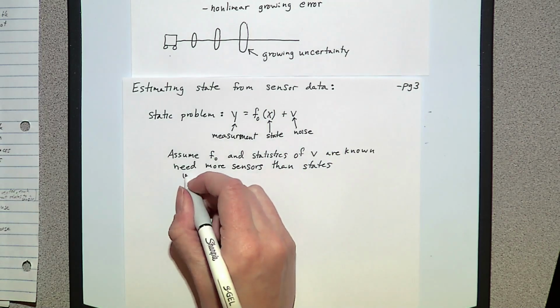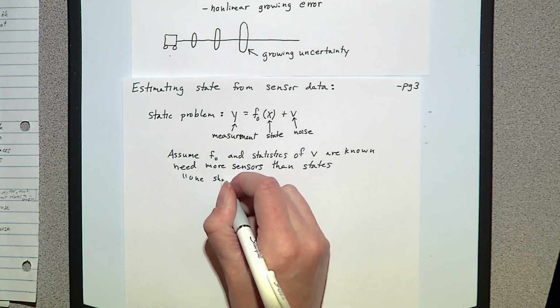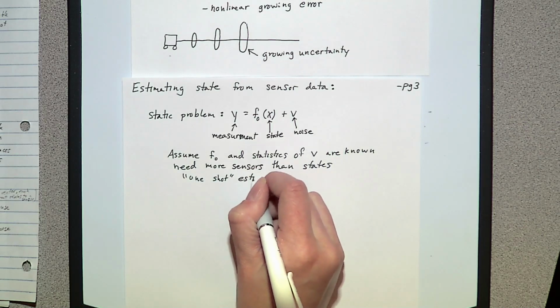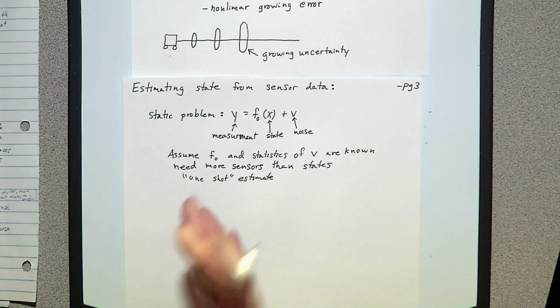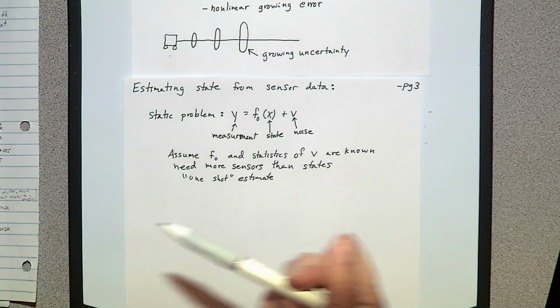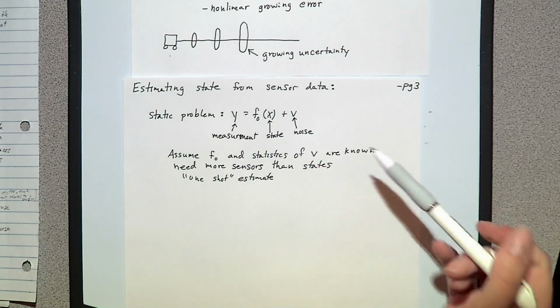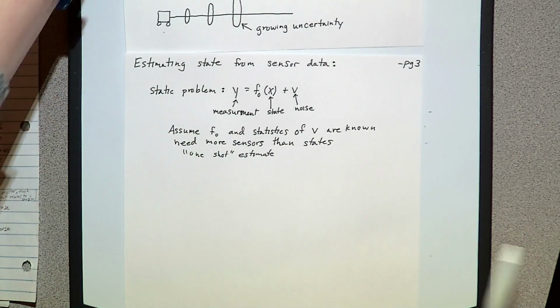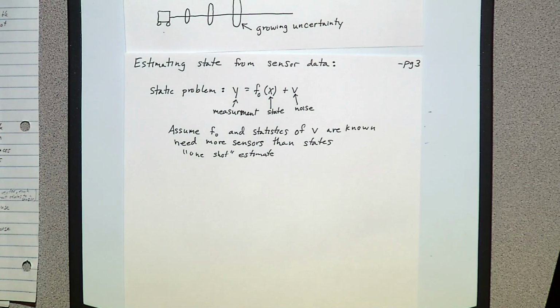You can almost think of this as like a one-shot estimate. So you're in whatever state, you take all of your sensor readings, and then based on that single set of sensor readings, you're trying to figure out what your state is. And so for that reason, you need to have more sensors than states to make sure that you have enough information to be able to backtrack.